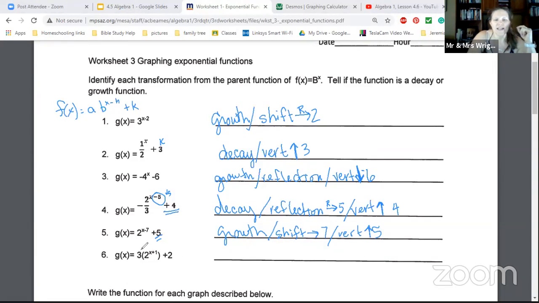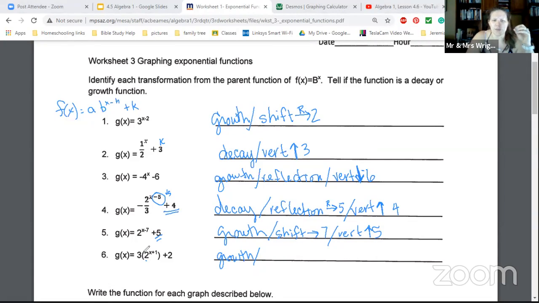Okay, which one is A and which one is B? Well, B is the thing that's being raised to the exponent. So this is the B and 3 is the A. So that tells me that I have growth because my B is a whole number and not a fraction. This is the first one that's going to have any kind of vertical stretching or compressing.